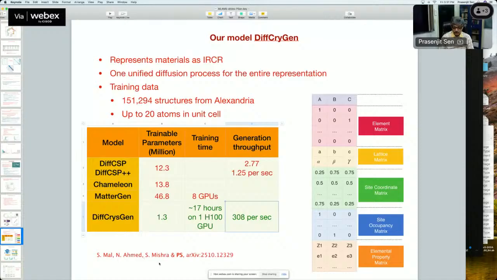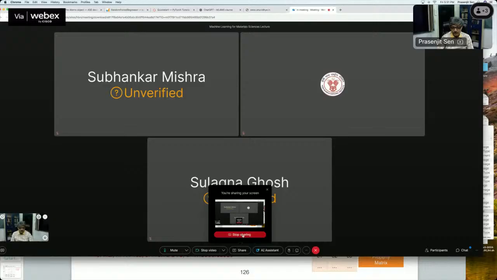Shubhankar and I and our students were all involved in this. You can also check this out. There is a GitHub page related to this, which you can access and try this model if you are interested. That's it. I will not get into further technicalities of this, and I'll just stop here.